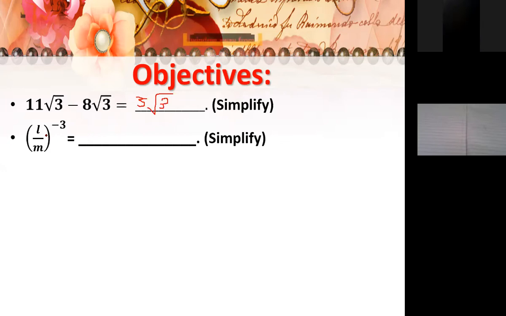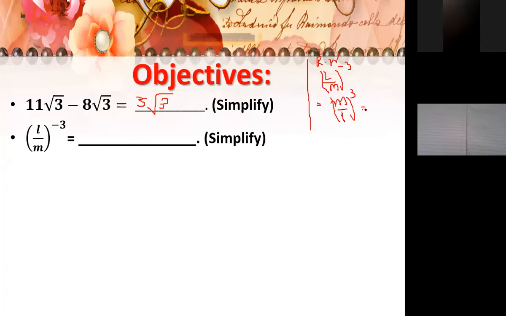Okay, now look at here what you will do. If you want to solve it, you have to solve it in the working column. Now what you have, L upon M bracket minus 3. So what you will do, you will take the inverse of it, so it will become M upon L, and your power will become plus 3.